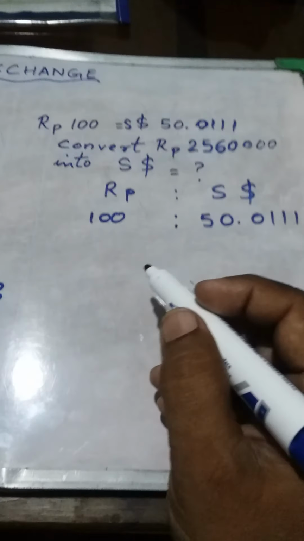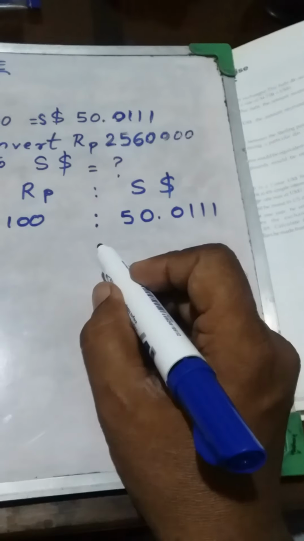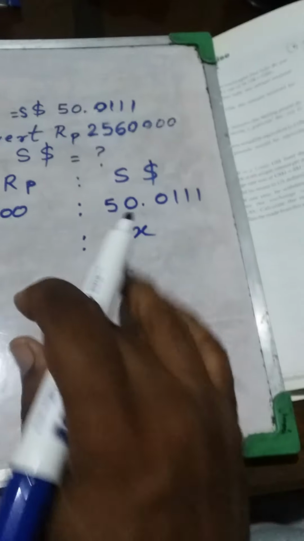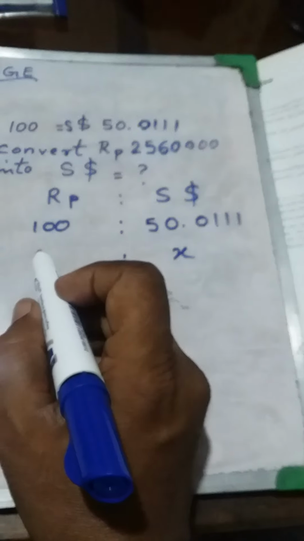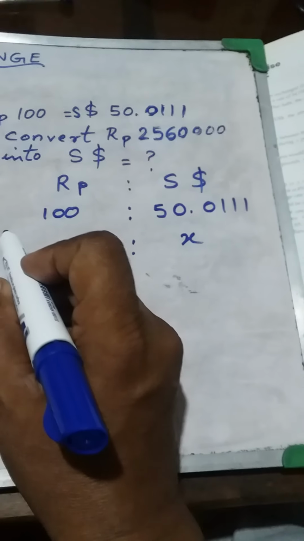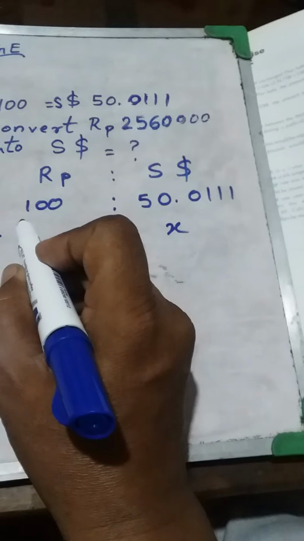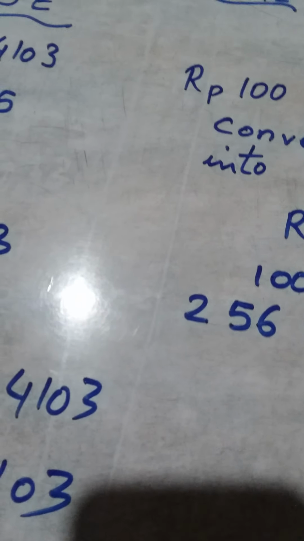Now we have to find Singaporean dollar, so x is here, and we have to convert 2560.